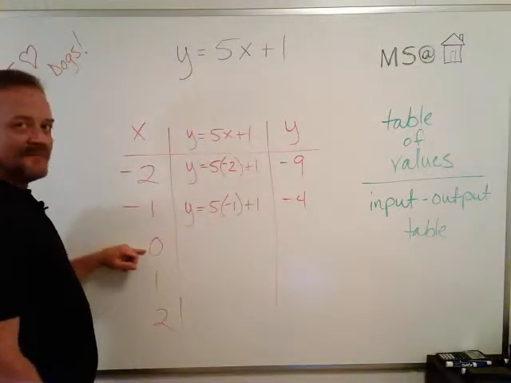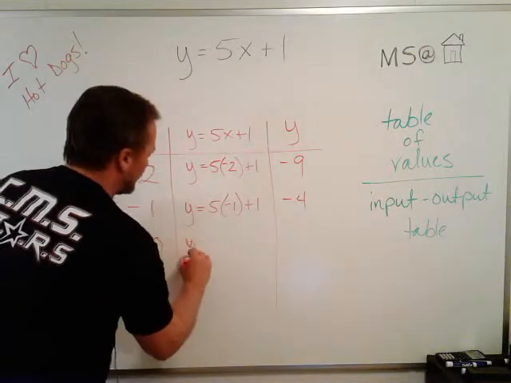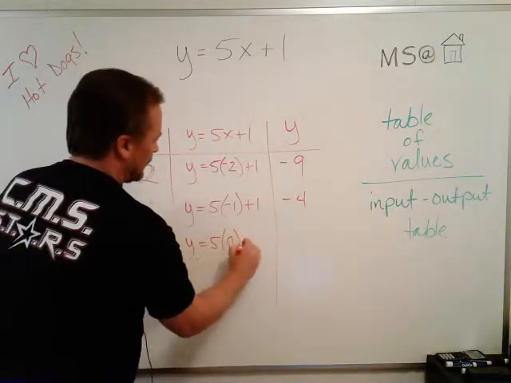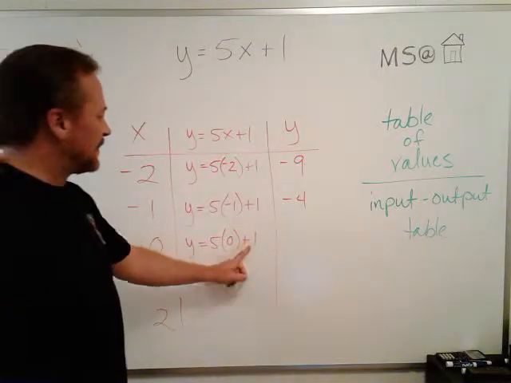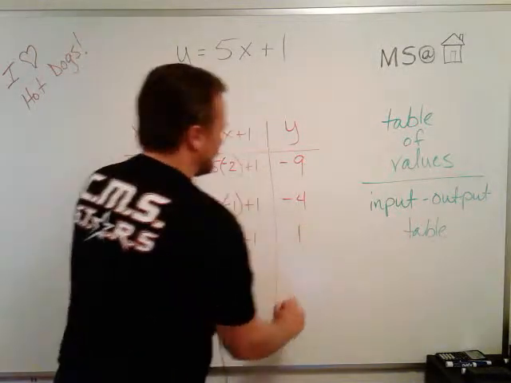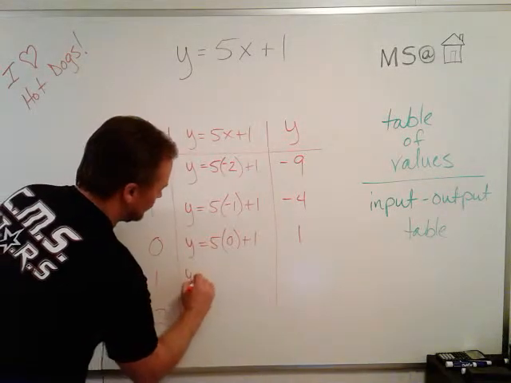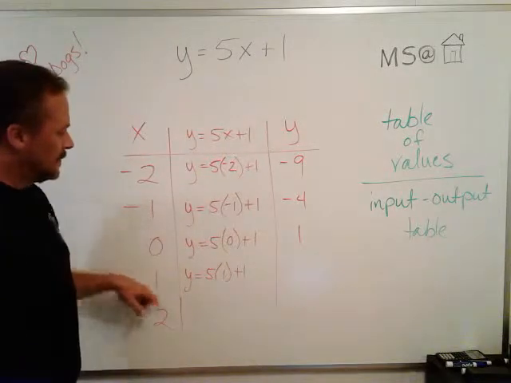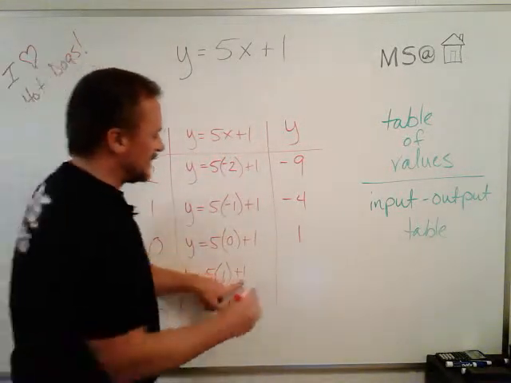Now 0. This part should actually be a little bit easier because y equals 5 times, plug in the 0, plus 1. 5 times 0 is 0, so the only thing we're left with is that 1. If I plug in a value of 1, 5 times 1 is itself, it's 5. 5 plus 1 is 6.